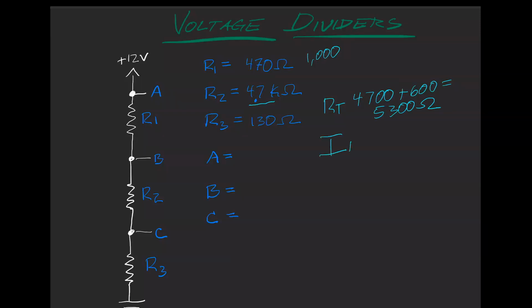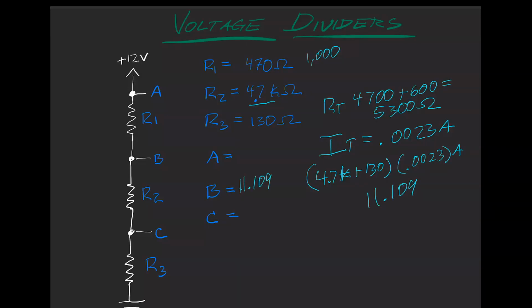Now look what happened to my current. I have 0.0023 amps flowing, and my voltage here at B equals 4.7K plus 130 ohms times 0.0023 amps, which equals 11.109. So I have 11.109 here, and here I still have 12 volts.